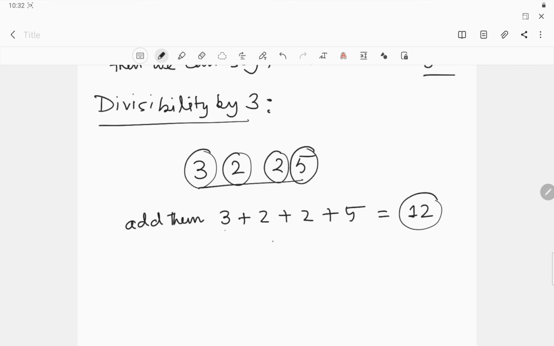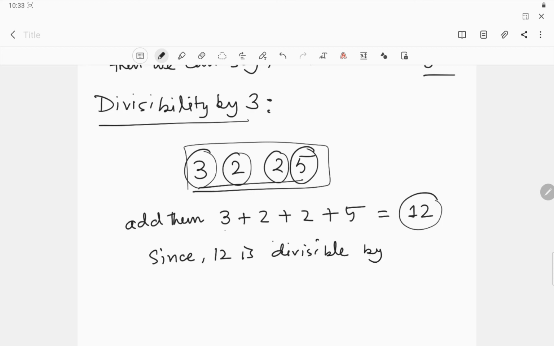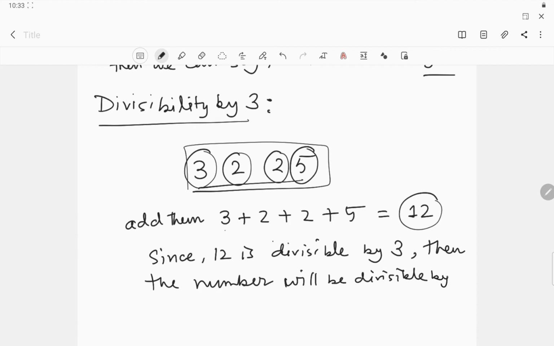If the sum is divisible by 3, then you can say this number 3225 is divisible by 3. Since 12 is divisible by 3, then the number will be divisible by 3.